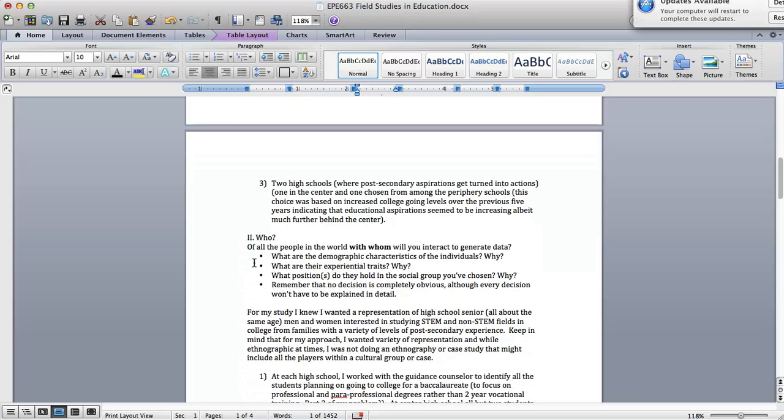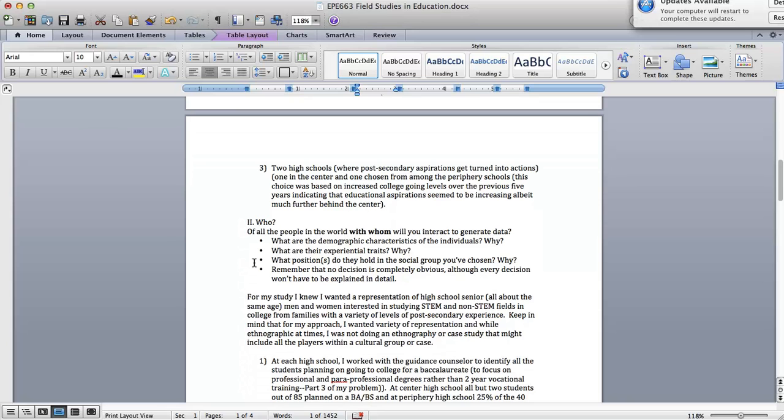And then also consider when, at what time in the year, over what length of time, and be considerate of the timing of the data that you are asking people to share. So if they are sharing memories, be considerate of that. And that will help you start to think more deeply about the decisions that you're making for your proposal. Thank you.